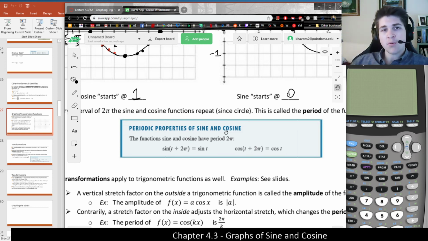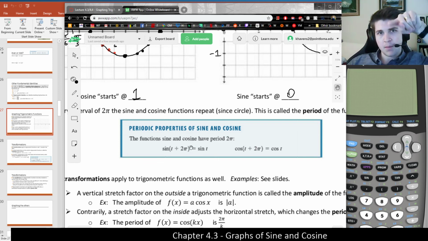But it's important to note that the baseline period of sine and cosine is 2 pi always, which all that means is that if you take a value and add 2 pi, it's the same as if you were to just take the sine of that value, because both t and t plus 2 pi are coterminal. All you're doing is taking the terminal point, adding 2 pi, going one full circle, and coming back to the start.